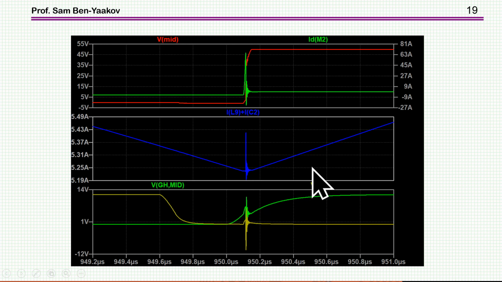We see this waveform and we see this current now. I've added the current, of course, of the capacitor to the current of the inductor itself, the pure inductor, and we see this disturbance. So we can explain some of the disturbance that we have seen in the actual measurement due to the fact that current is passing through the parasitic capacitance.